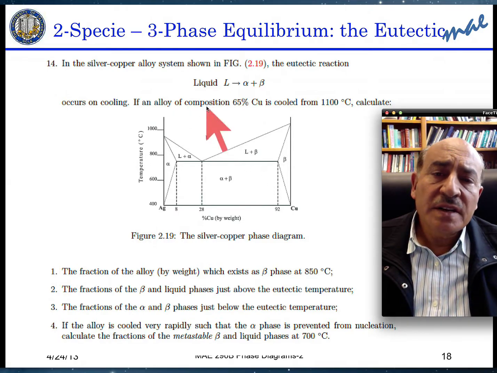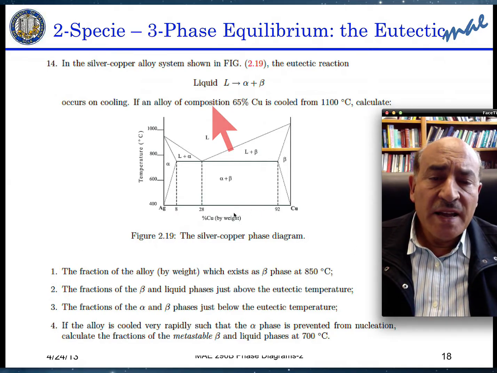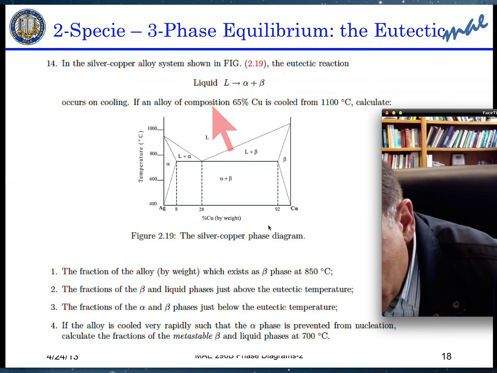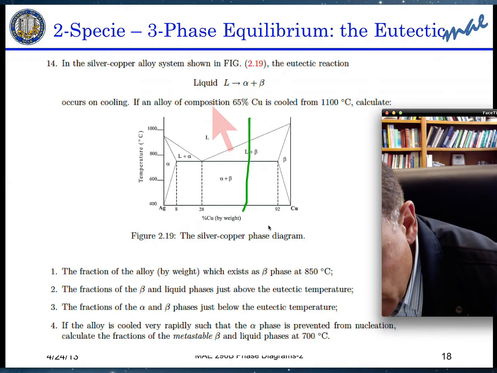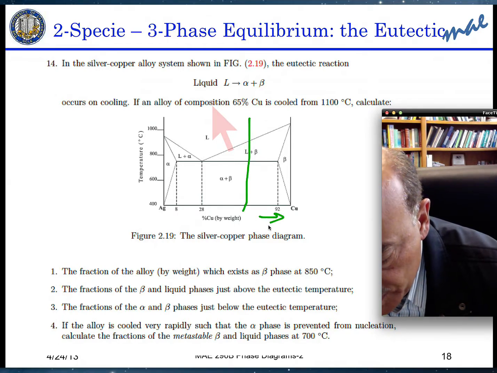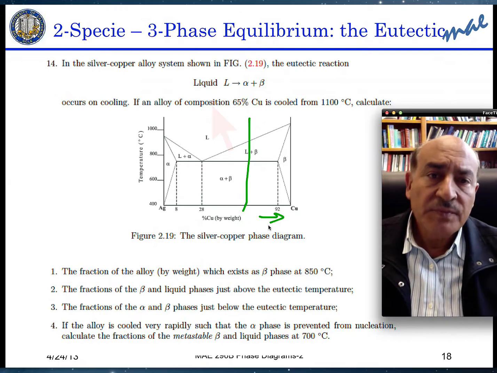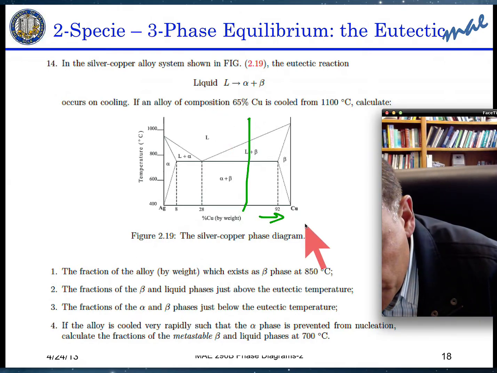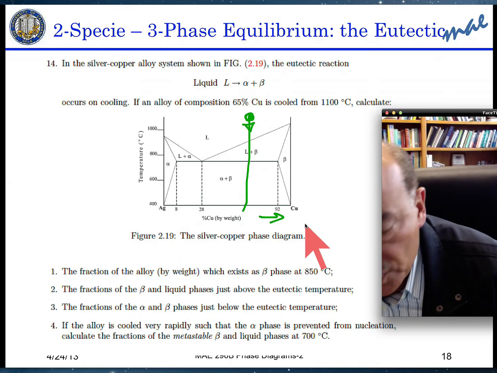The alloy's composition is 65% copper, so I'm right here. 65% would be about here. If this is the copper composition, it would be on this side. And it's cooled from 1100 degrees C, so from this point, and then it's cooled down.